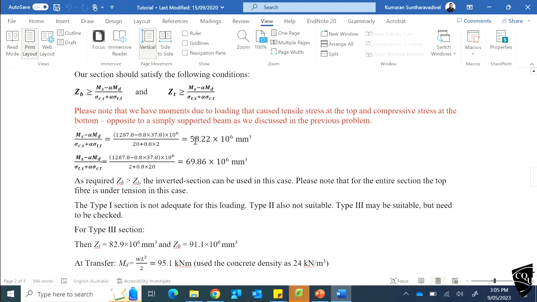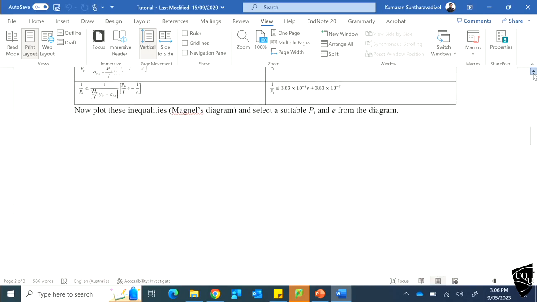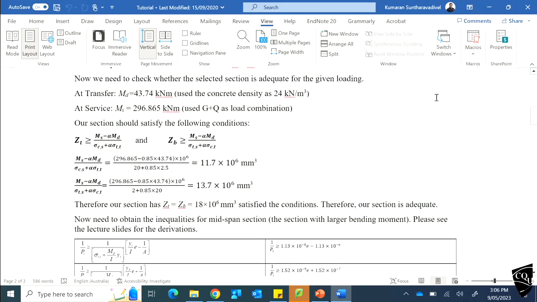So in the previous question, the tutorial 1, we have simply supported beam. We had simply supported beam. Over there, ZB should be larger. Okay, if you remember. ZB is larger. Okay, because the bottom part is under tension. So we need large section modulus wherever you have tension.